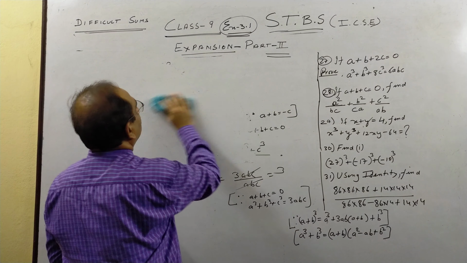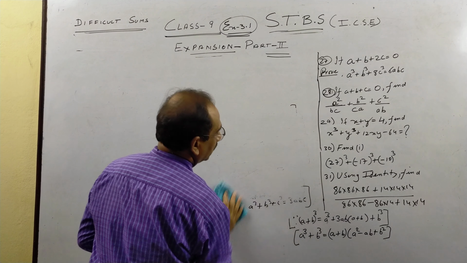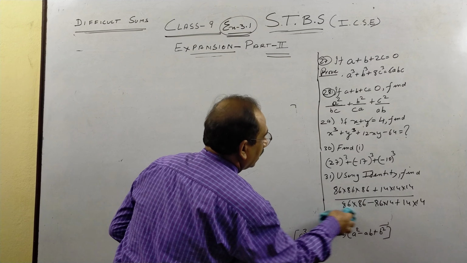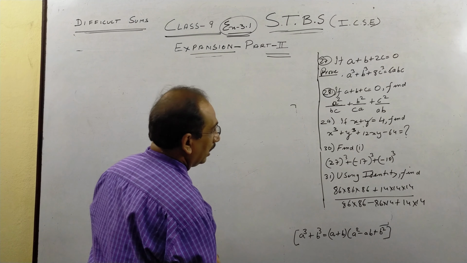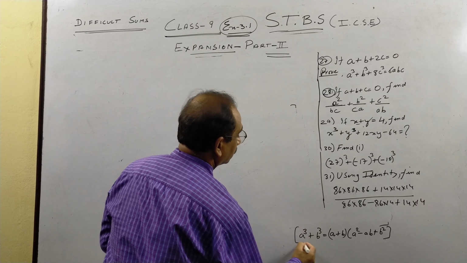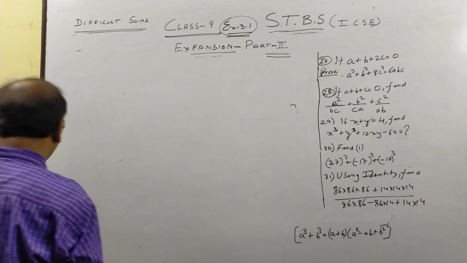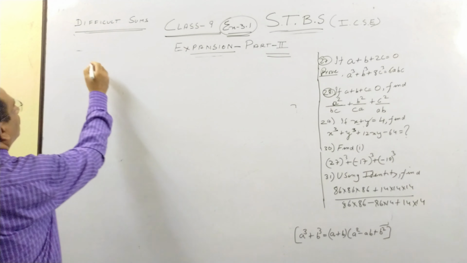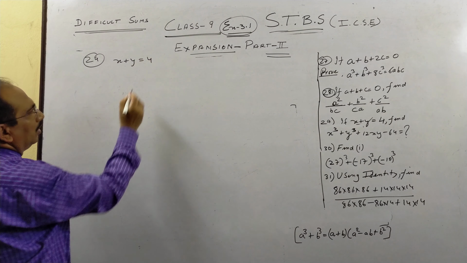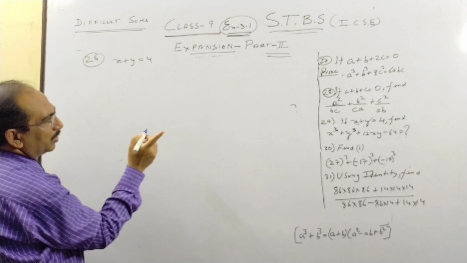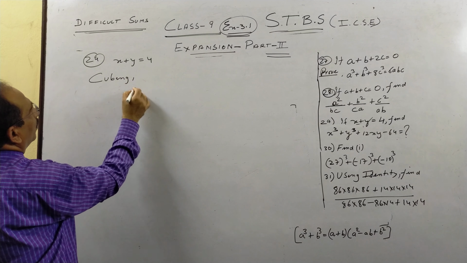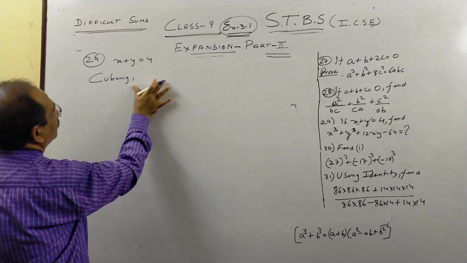So question 29, if you see children, you will see a cube is there. So 29 is quite easy. x plus y is 4 and you see there is some cube value you are getting. So do nothing, just cubing. So quite easy as compared to other sums.